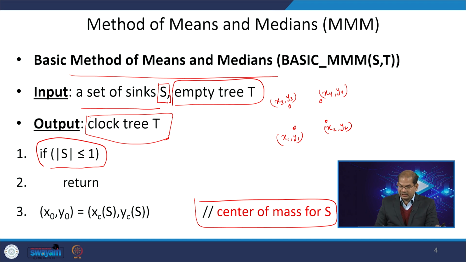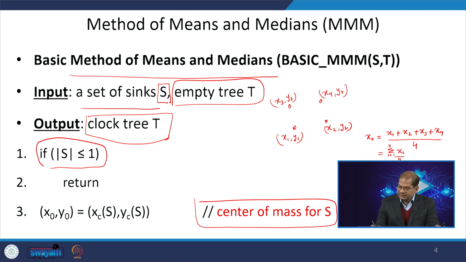Then the center of mass of these 4 points can be found in both directions, x and y. Let us say x0 is the center of mass in the x direction. This will be x1 plus x2 plus x3 plus x4 divided by 4, which we can write as summation i equal to 1 to 4 of xi divided by 4.